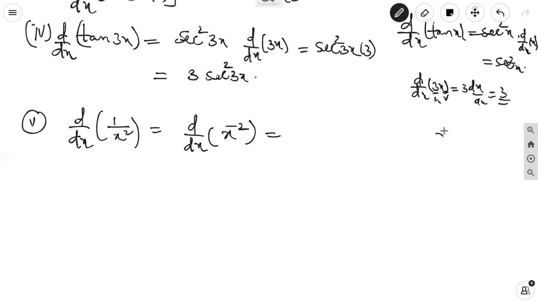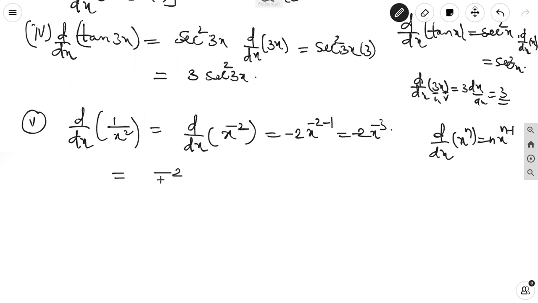It is in the form of d by dx of x power n, which is n x power n minus 1. So minus 2 x power minus 2 minus 1, that is minus 2 x power minus 3. It is equal to minus 2 by x cube, that is the derivative d by dx of 1 by x square.